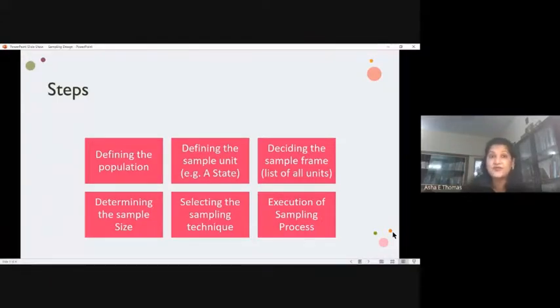So for senior staff, for senior officers, I will go with an interview method, and for the other staff who are coming under the category of supervisor, or maybe workers, I will distribute questionnaire.